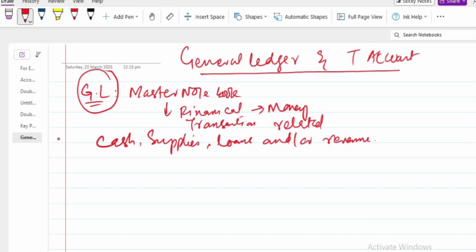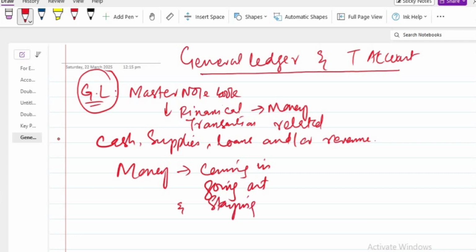Fine. Now, what is the purpose of the general ledger? We have discussed that it keeps a record of everything, so you can see how much money is coming in, how much money is going out, and how much money is staying in the business.